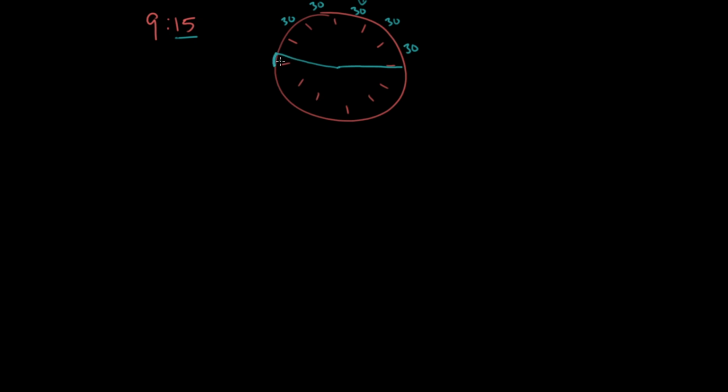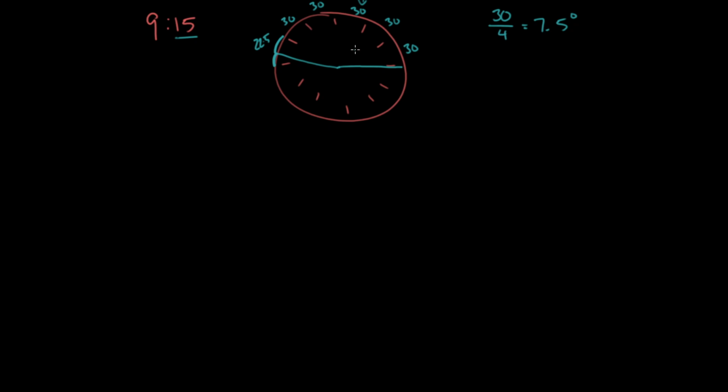As we said, it's moved 1/4 of the way. This entire distance is 30 degrees, and 1/4 of that would be 30 divided by 4, which is 7.5 degrees. And so what's left over, this part, is going to be 30 minus 7.5, which is 22.5 degrees.